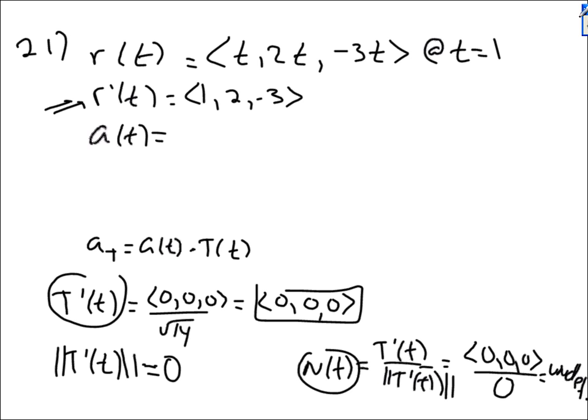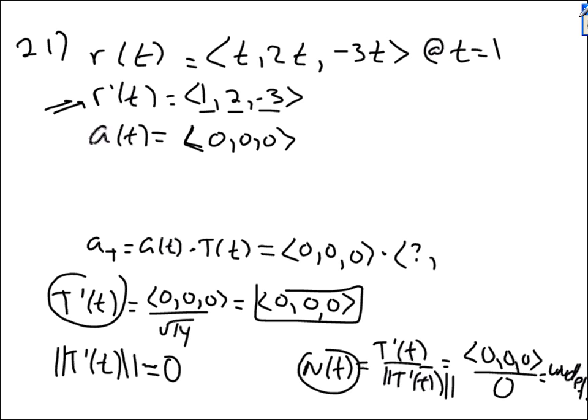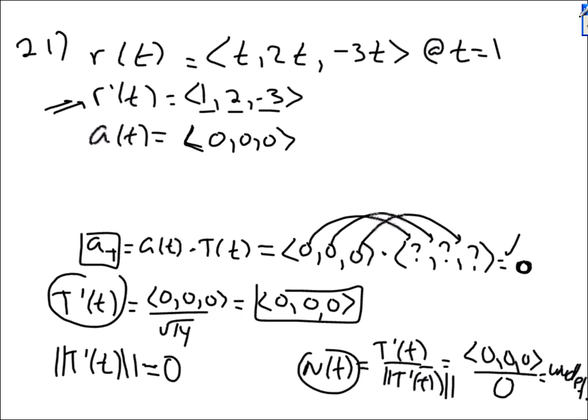It's r double prime, which is the derivative of r prime, which is 0. Which I'm happy because regardless of what T of t was, the dot product will be 0. Because 0 times whatever that was is 0, plus 0 times what that is 0, plus 0 times what that is 0. You add up zeros, you get 0. So a sub T is 0.